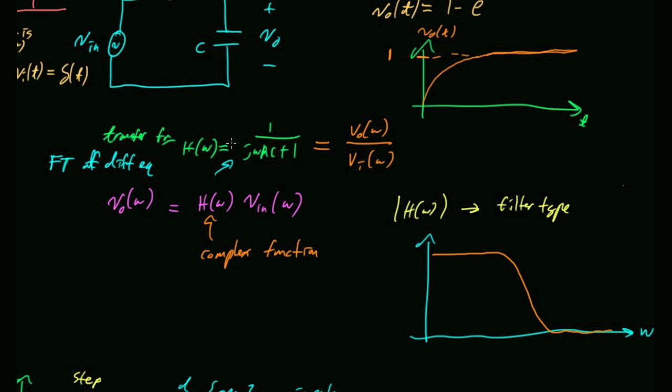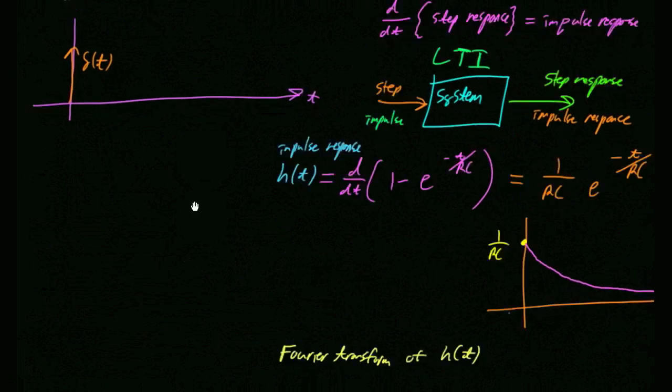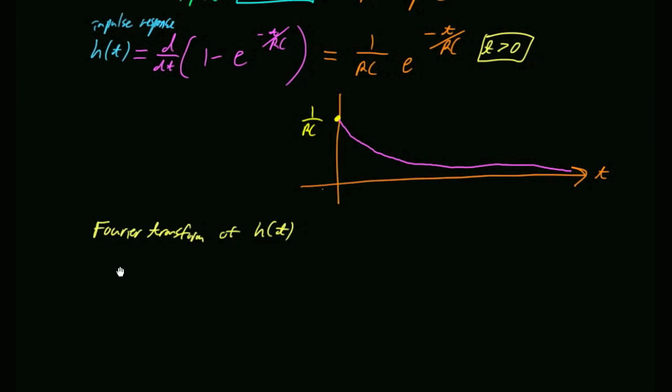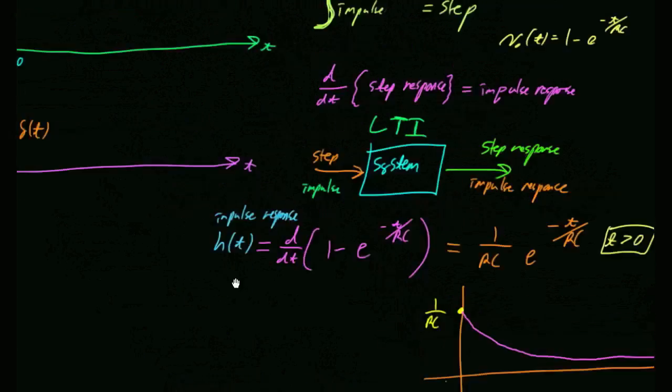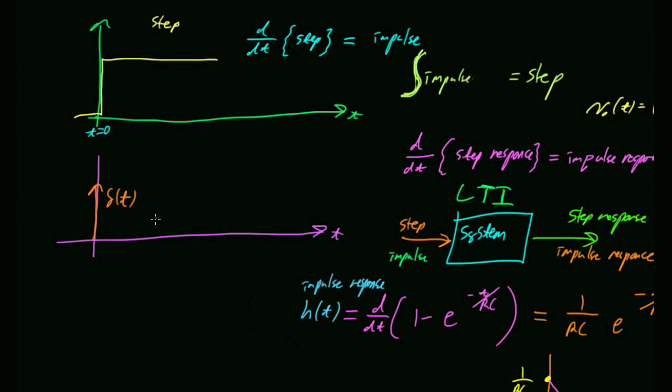Good. Awesome questions. Okay, so I want to apply the definition of the Fourier transform. Yes, sir? Before we go there, back to the impulse response. If the vertical axis is 1 over RC, the horizontal will be the time that it took to discharge or charge. That will be the time constant there.